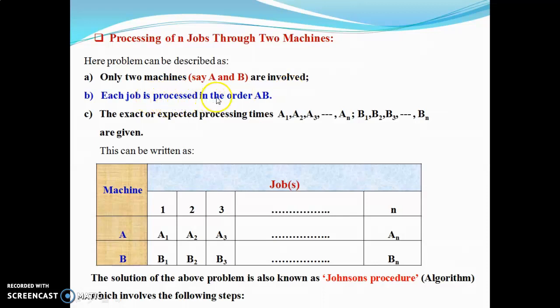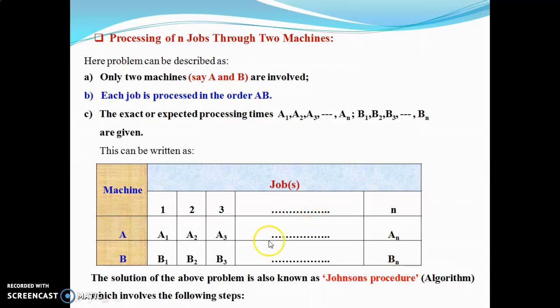Each job is processed in the order AB. The exact or expected processing times A1, A2, and so on up to AN, and B1, B2, and so on up to BN are given. So these are the 2 machines, A and B, and these are the jobs 1, 2, and so on up to N, and these A1, A2, B1, B2, up to AN, BN are the processing times of n jobs through 2 machines.